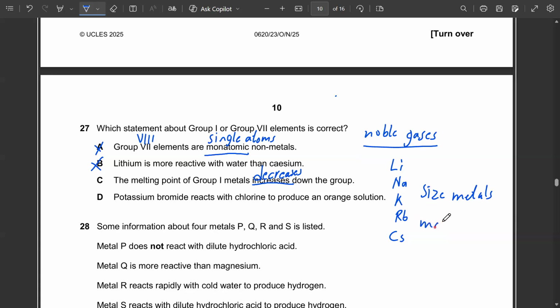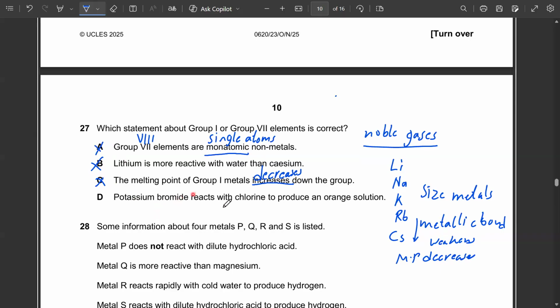The metallic bond weakens moving down the group, so the melting point also decreases. So that's why C is also incorrect.